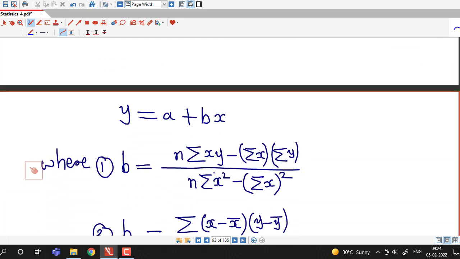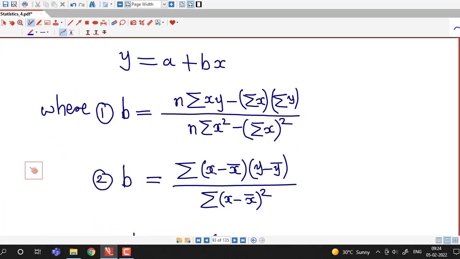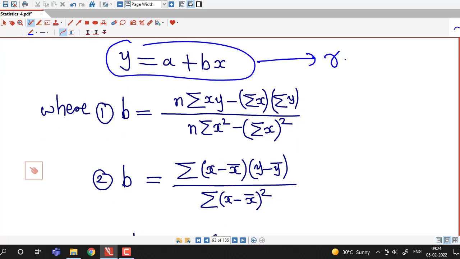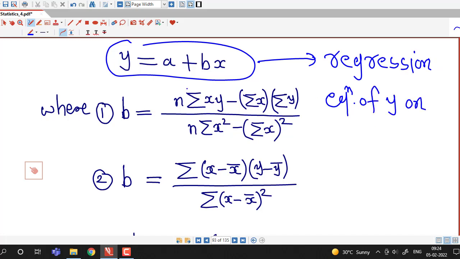Okay, fine. So in this lecture we have discussed how to obtain the line of regression of y on x, which we also call the regression equation of y on x. We will remember both the terms. This is known as the line of regression of y on x or the regression equation of y on x, and it is given by y equal to a plus bx, or another formula is y minus y bar equal to byx times x minus x bar.